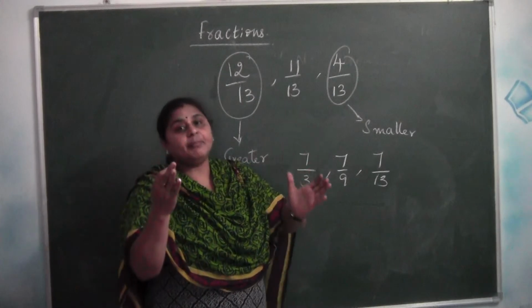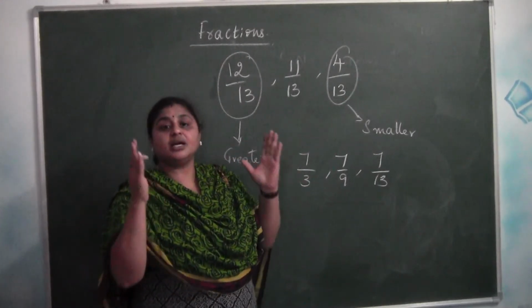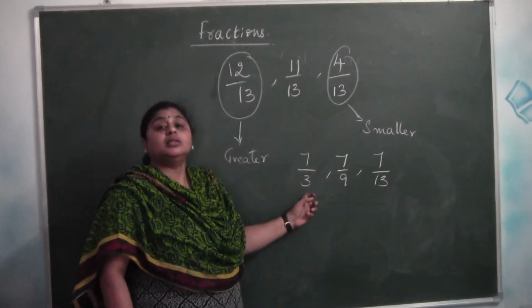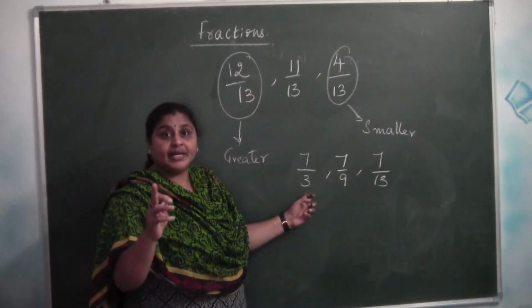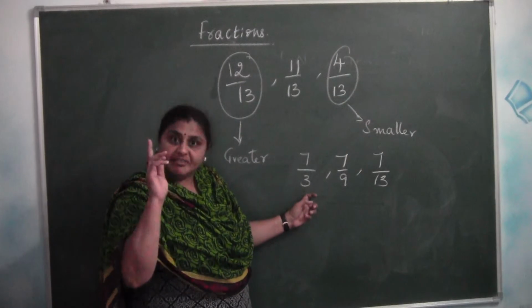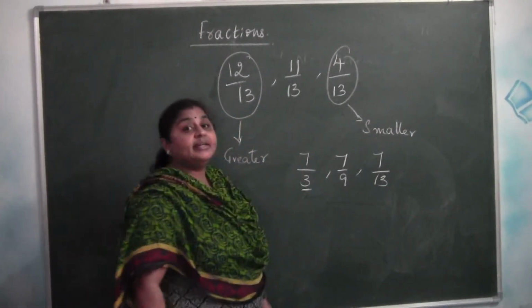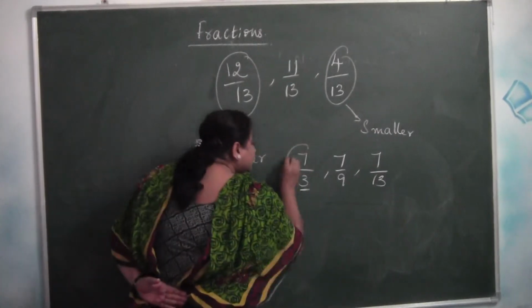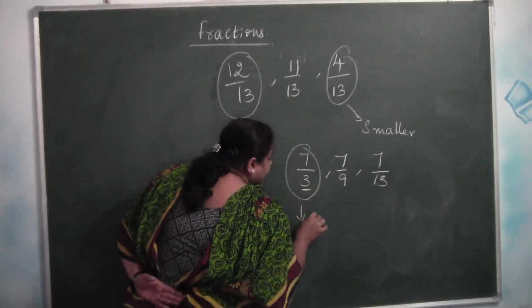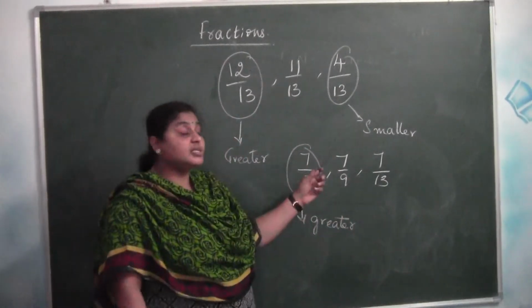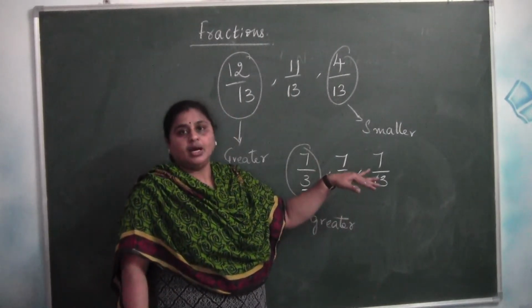If denominators are the same, the greater the numerator, the bigger the fraction. But here, the smaller the denominator, the greater the fraction. It is quite the opposite. If the denominator is small, then this fraction is the greater fraction. Got it, children? Understood?